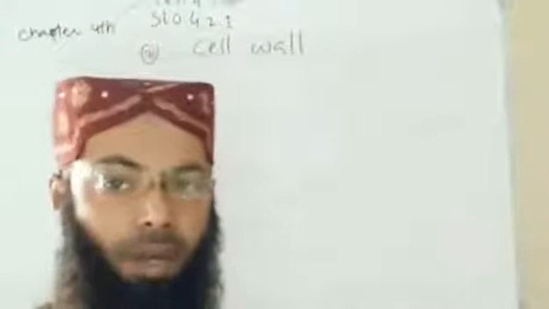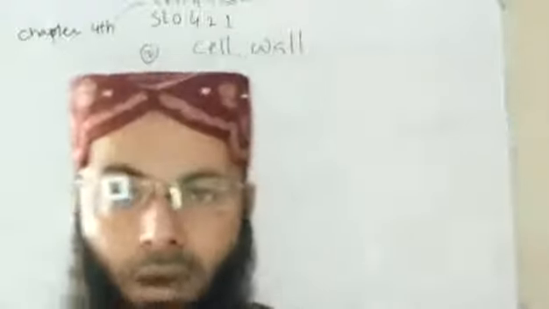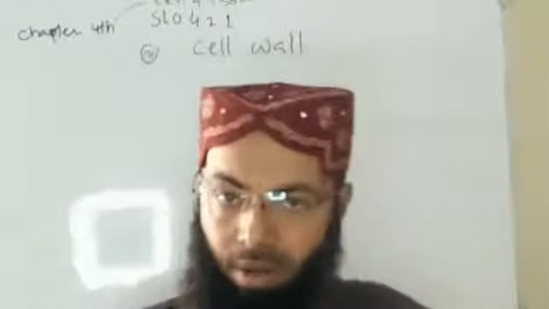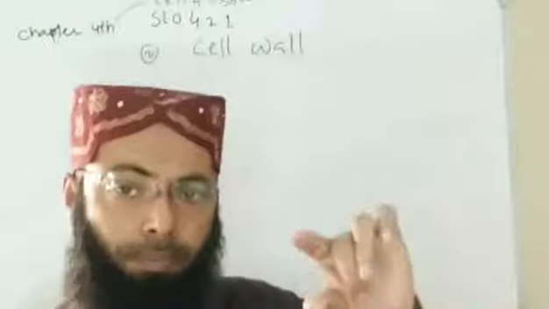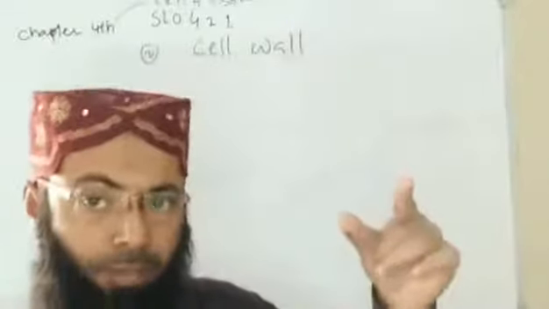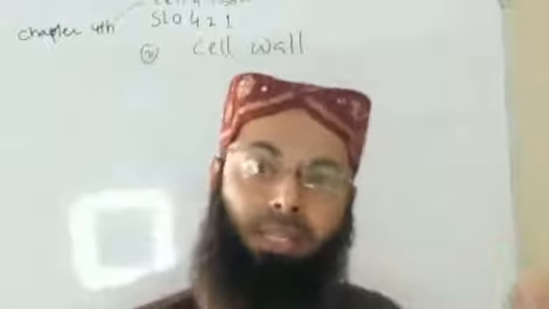Our next component of the cell is the cell wall. Cell wall is a non-living outer membrane of the plant cell. It is also found in bacterial cells, fungi and algal cells. So it is a non-living boundary. Cell wall is permeable. It allows every substance.